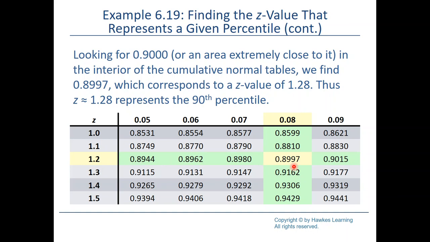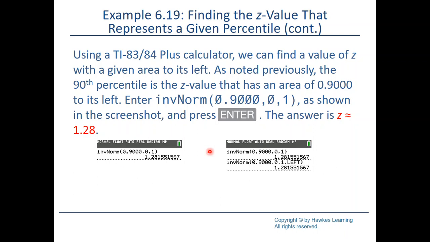And again, this is an approximation. Using your calculator as an option, you again are going to plug in second vars, and then number 3 for inverse norm, enter in your area under the curve, which is also known as a percentile now, comma 0, comma 1, and you'll notice that as we look at that, it is a little bit bigger.